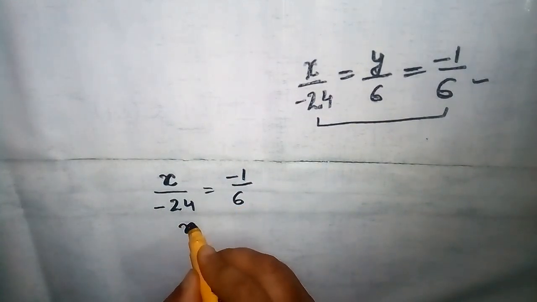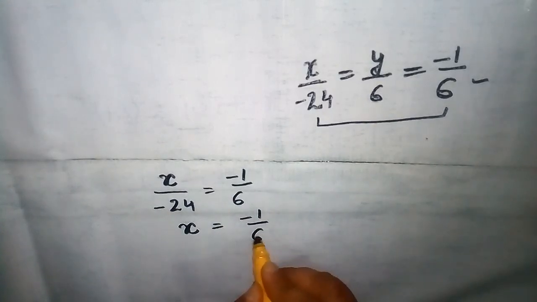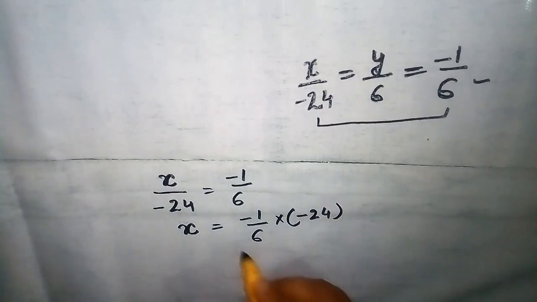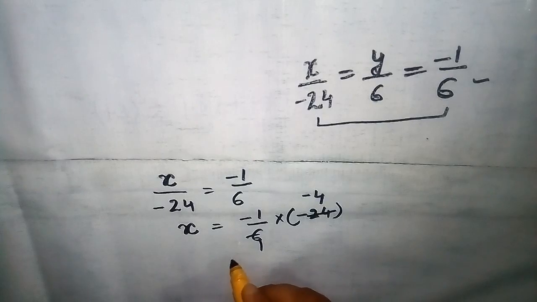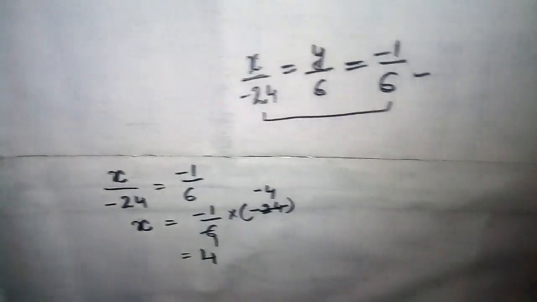Remember, you have to take one part with variable and one part without variable. Take 24 to the right side, it will go in multiplication. 6 4s are 24 and minus 1 into minus 4 will be 4. That is positive 4.